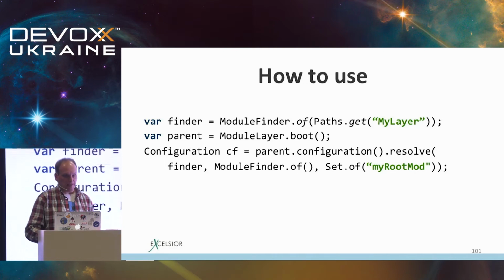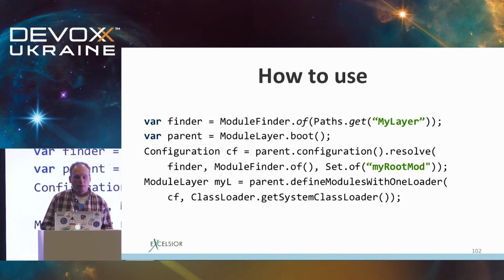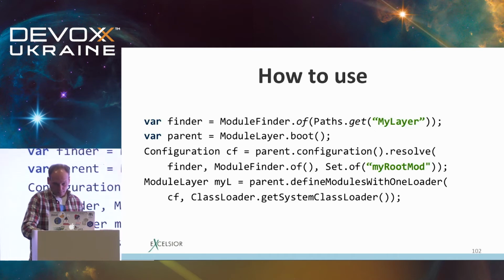This is done by creating a configuration where we pass our finder and a set of root module names to start resolving dependencies with. If we succeed in creating the configuration, we can create a module layer with the parent layer, the just created configuration, and the parent class loader that will be used for creating our layer class loader.